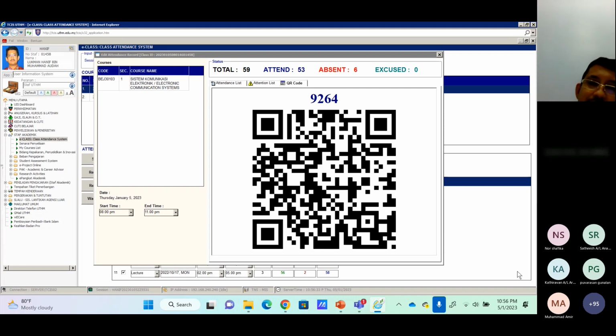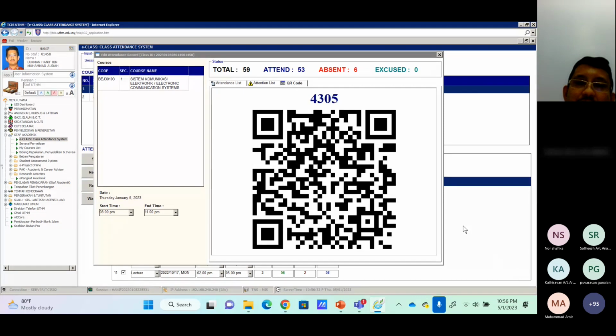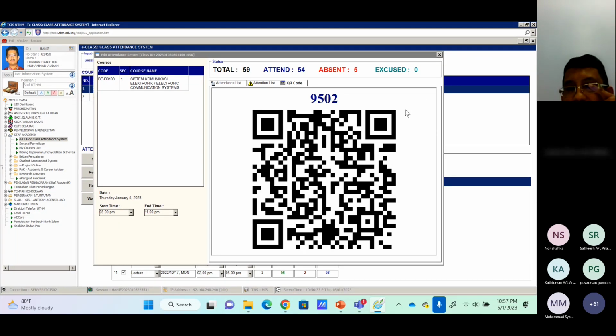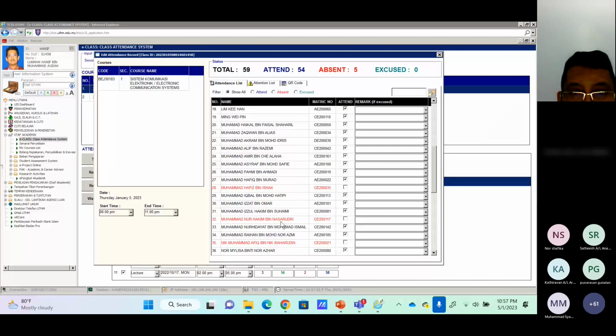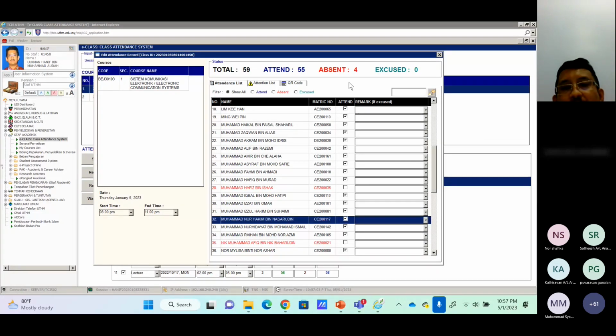Section 1. 1, 2, 3. Okay, done Section 1. Siapa lagi? Doctor, cepat. I can scan it. What's your name? Muhammad Nur Hakim. Okay, done.